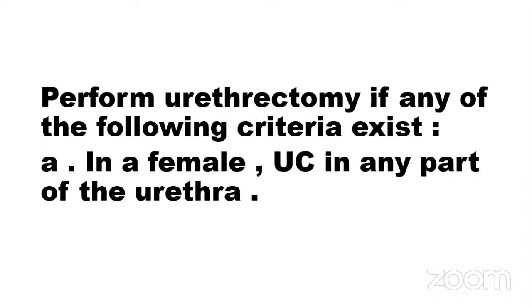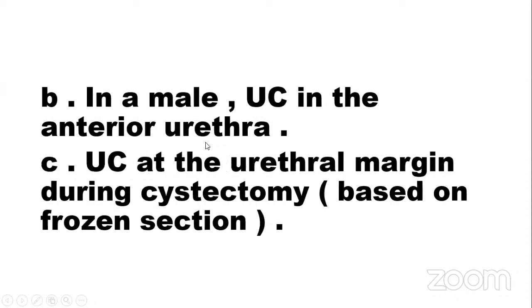Okay. So perform urethrectomy if any of the following criteria exist. In female, urethral carcinoma in any part of the urethra; it is better to do urethrectomy. In male, carcinoma in the anterior urethra, or carcinoma at the urethral margin during cystectomy based on frozen section.